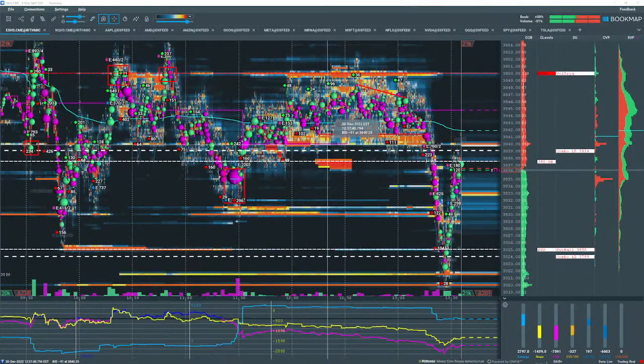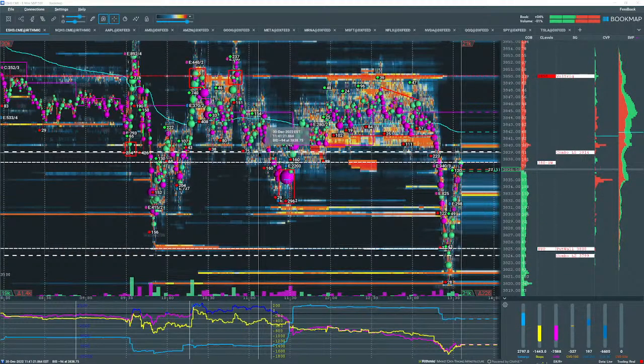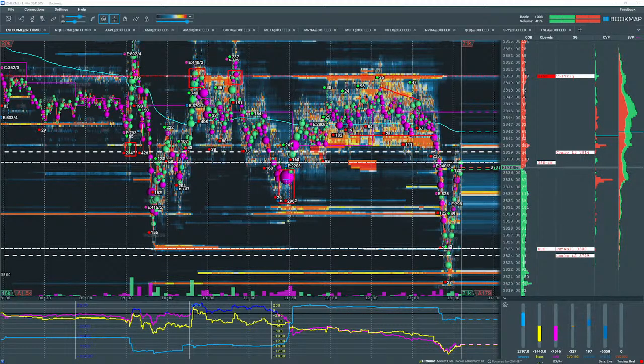This is the S&P 500 futures, ES. And the support and resistance levels that are in play are shown on this chart. And I have two columns of cloud notes.